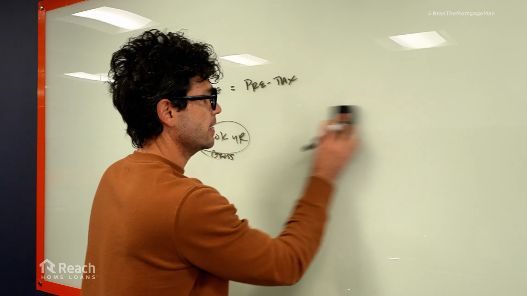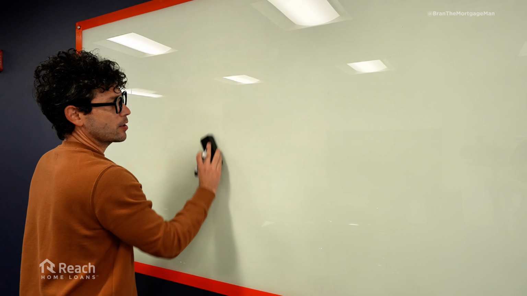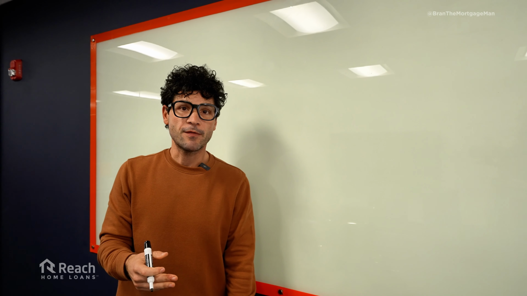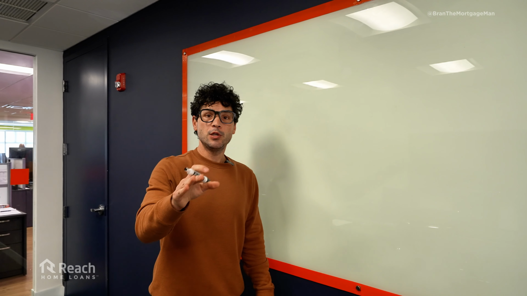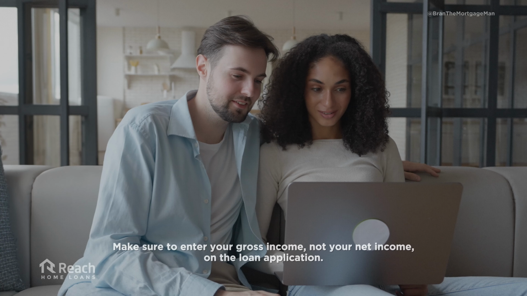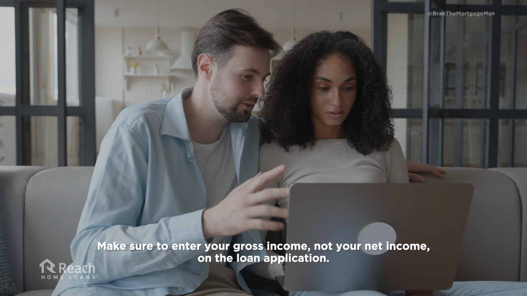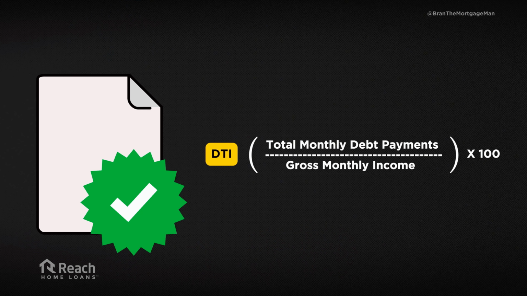That's your taxable income. So gross income, when you hear your lender tell you that, or you're filling out a loan application and maybe they're not doing it with you by phone. I prefer to do it by phone with my clients to walk them through it. But maybe you're filling it out for yourself, make sure that you're entering your gross income, not your net income on that loan application, because obviously that can make a big difference in your DTI, debt to income ratio, which is going to compare your gross income to your monthly bills, right?